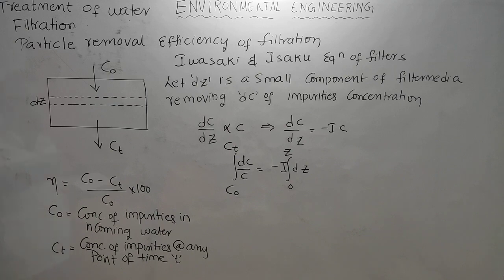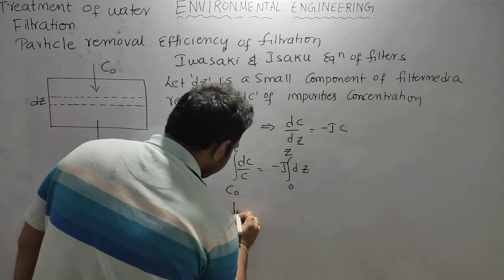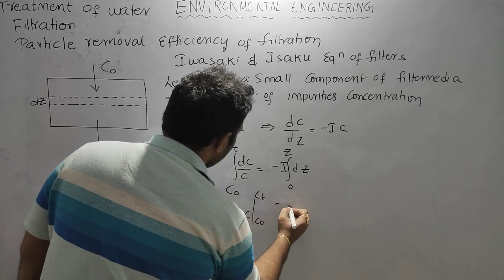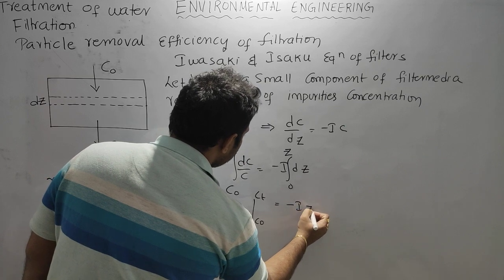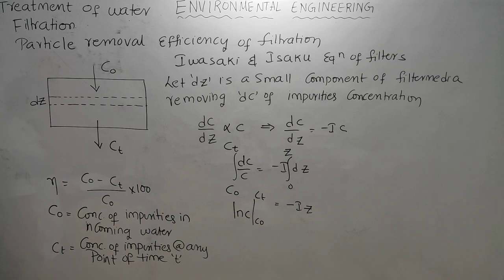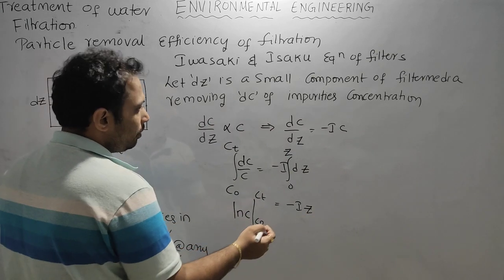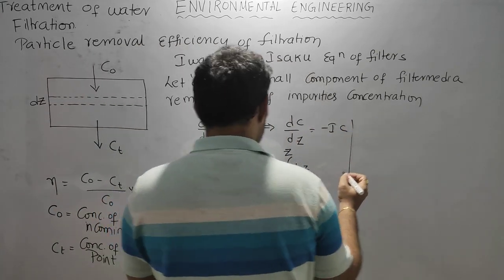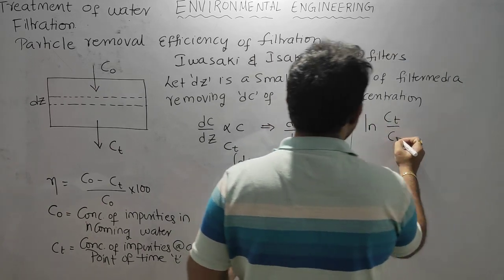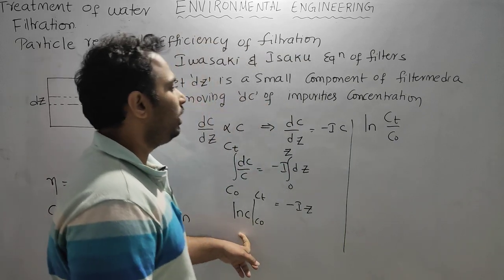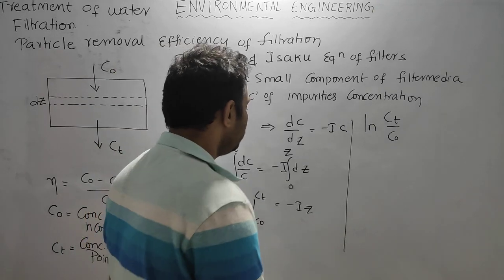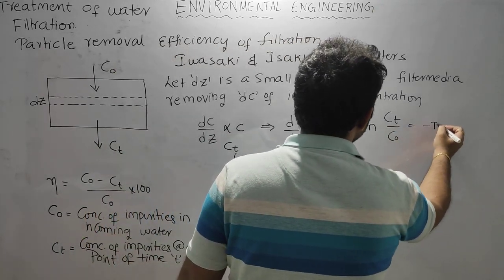Then ln C, with limits C naught to Ct, is equal to minus I into z. Now this will become ln Ct minus ln C naught, that is ln Ct by C naught, is equal to minus Iz.